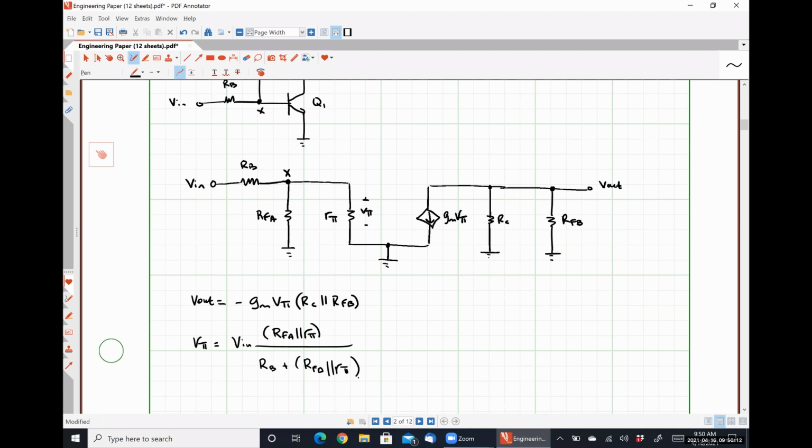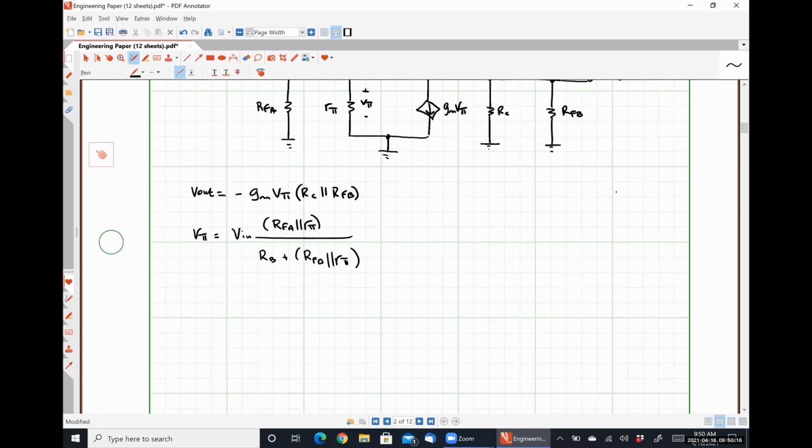And we can now substitute this equation into our first equation and determine our voltage gain.